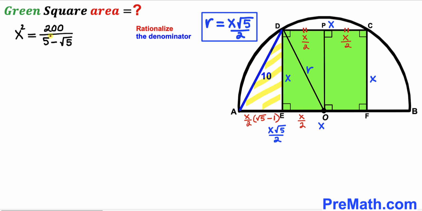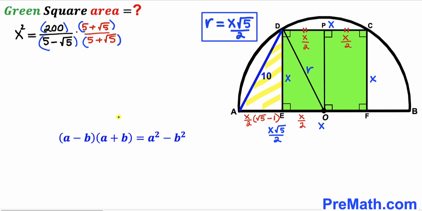Now we are going to rationalize this denominator by multiplying and dividing by its conjugate, which is 5 plus square root of 5 divided by 5 plus square root of 5 as well. Now we multiply these numerators, and likewise we multiply these denominators. Let's recall another famous identity: a minus b times a plus b is always equal to a square minus b square. We are going to apply it on the denominator.